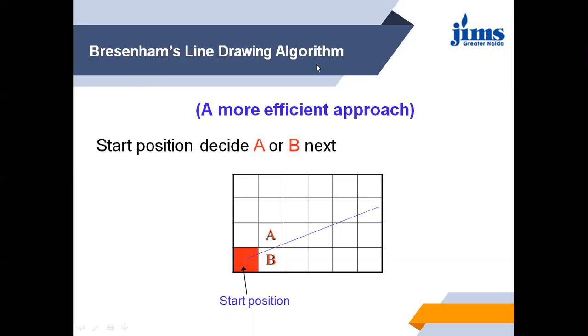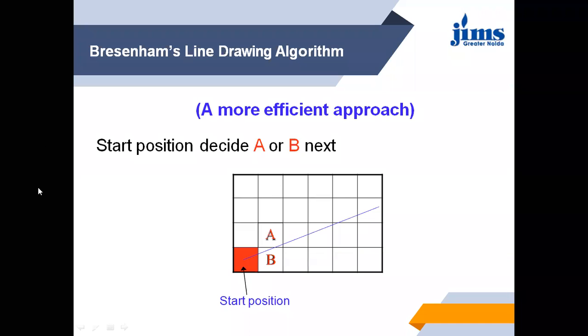As we discussed last time also, this is a starting point. We have to find out the next pixel, whether it will be A or B. That means we have to glow or highlight which pixel, A or B. The same thing we are doing in DDA also, but here the concept for finding the values is a little bit different.